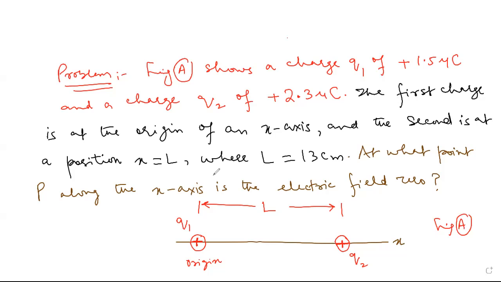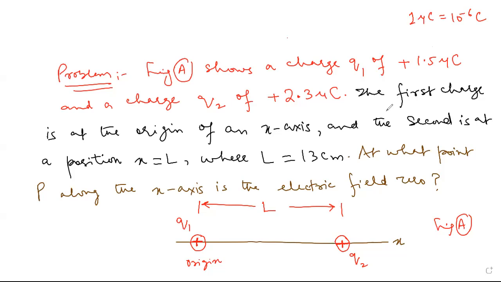So let me check the problem. It says figure 1 shows a charge Q1, this is Q1, of plus 1.5 microcoulomb. It is positively charged of magnitude 1.5 microcoulomb, and you know 1 microcoulomb is 10 raised to power minus 6 coulomb. And a charge Q2 of plus 2.3 microcoulomb, which is this Q2.